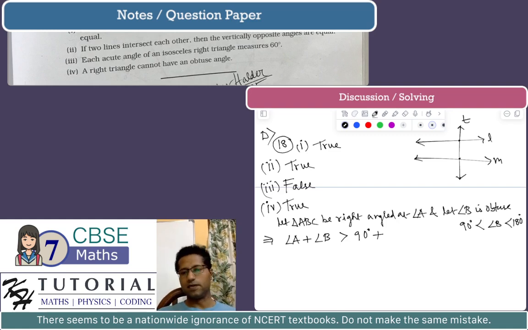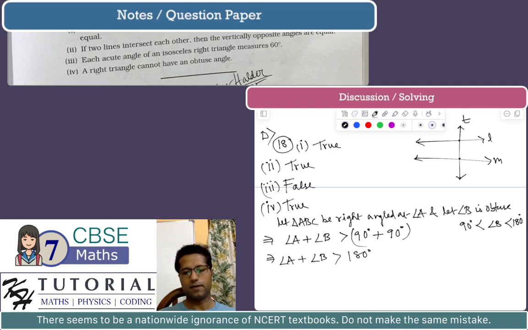So if angle B is greater than 90 degree, then definitely angle A plus angle B will be greater than 90 degree plus 90 degree. This implies angle A plus angle B is greater than 180 degree.